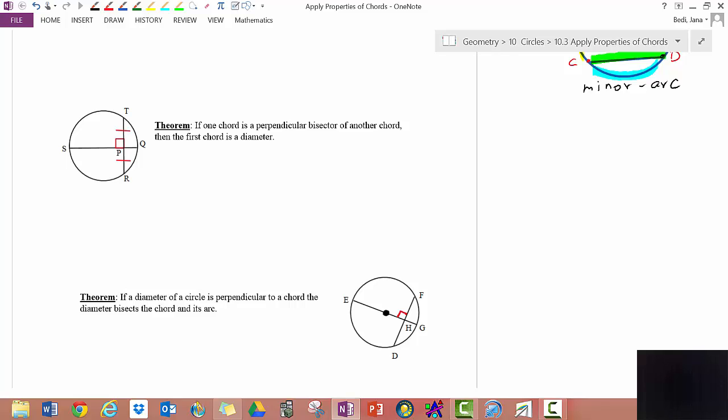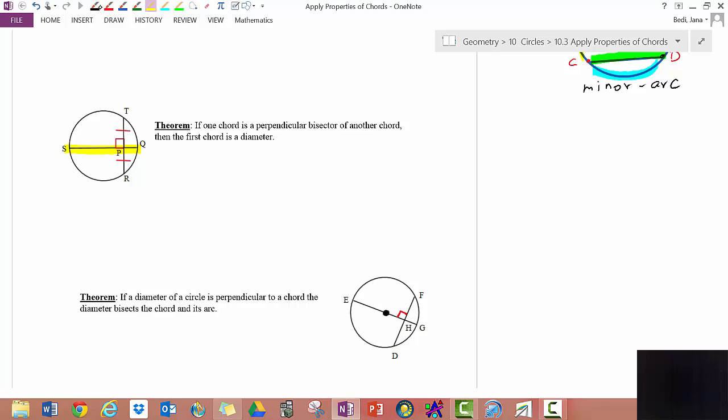Next theorem. If one chord is a perpendicular bisector of another chord, so let's look at the chord that's bisecting the other one, and that's SQ. Then the first chord is a diameter.